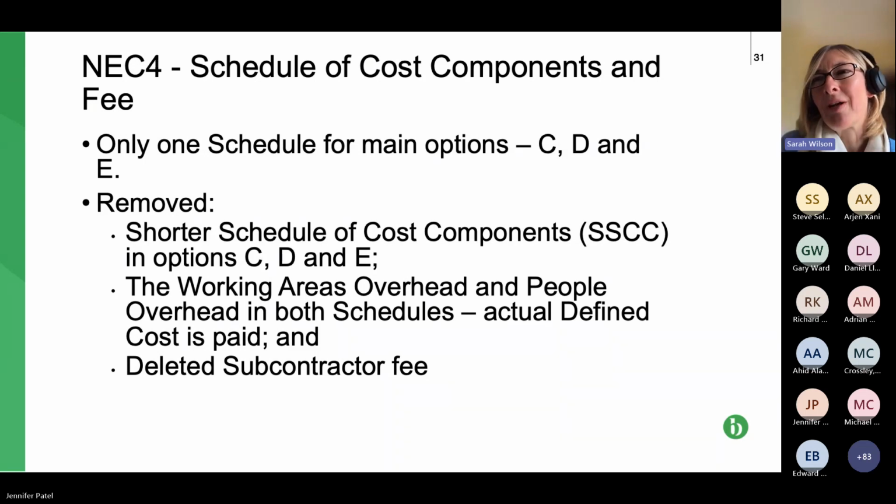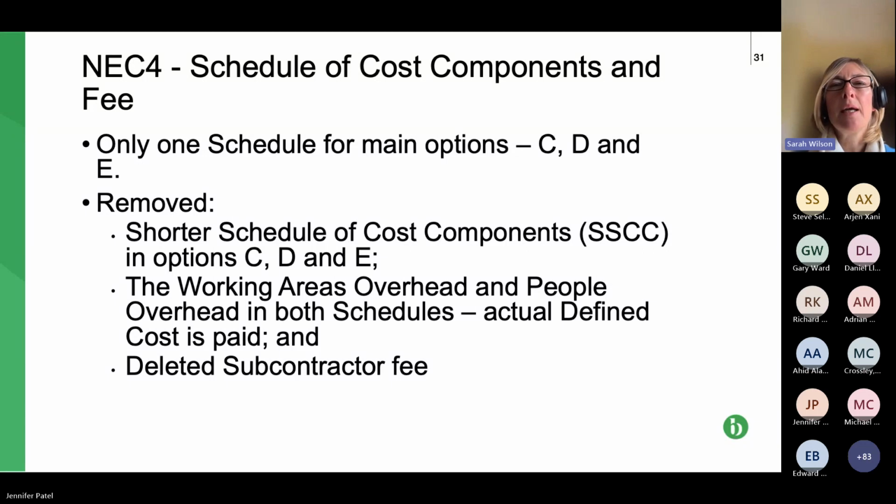And of course, it was rarely used anyway. So it's removed from options C, D and E. We've already seen that second sub-bullet point, that the percentage in that charges section for working out some of those charges has been removed.